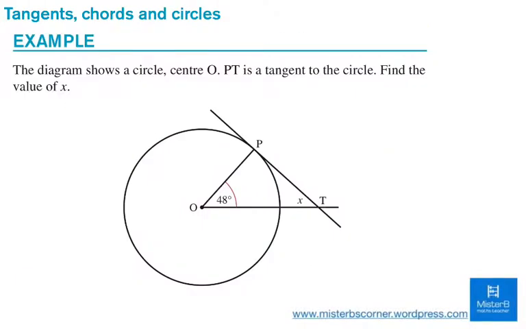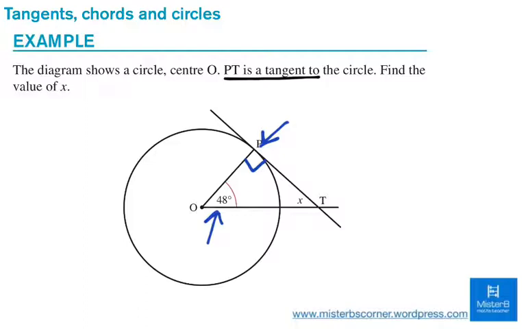The diagram shows a circle center O. PT is a tangent to the circle. Find the value of x. The crucial information you should know is that just because PT is a tangent to the circle, this angle is 90 degrees. Once you know this angle is 90 degrees and you know this angle, it's just basic angles in a triangle.